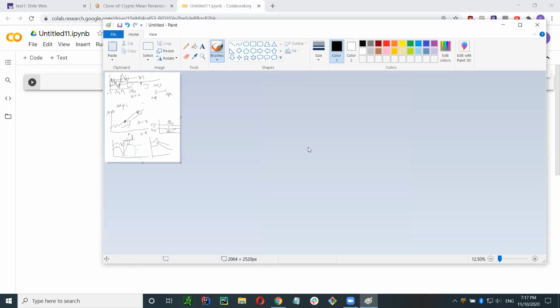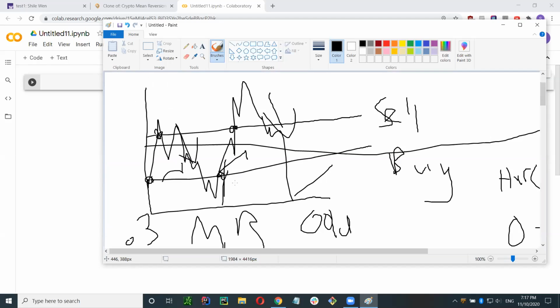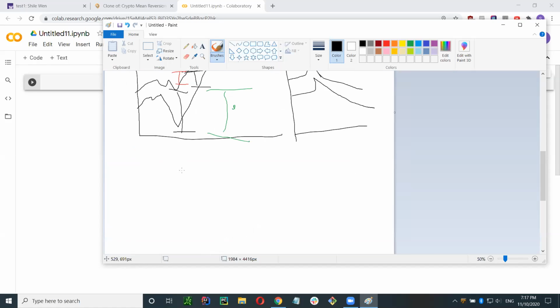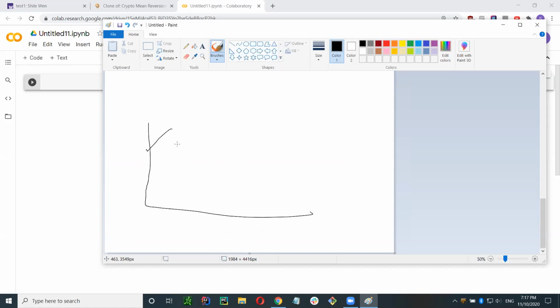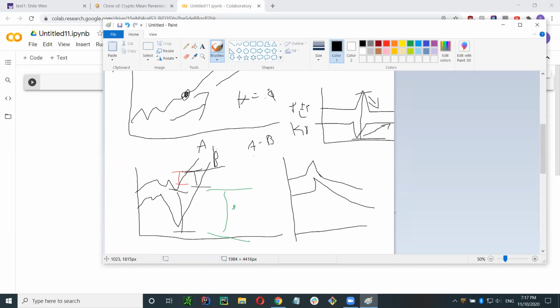So can we extend this idea to multiple stocks? Say we have multiple stocks. Look at these, they're not as pretty, but here you can tell that they move quite together.